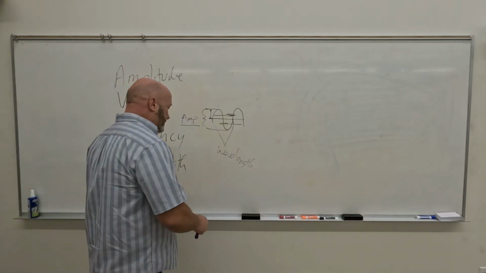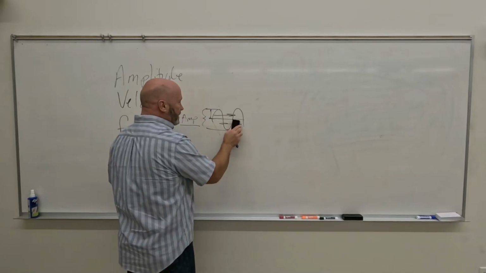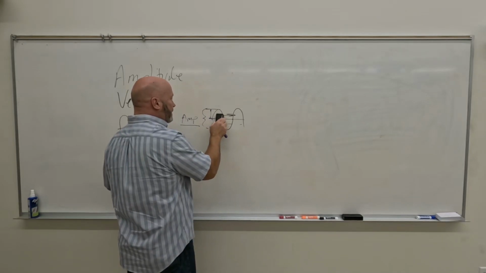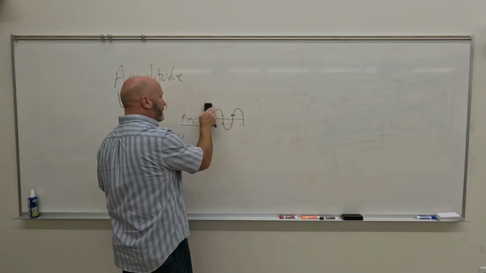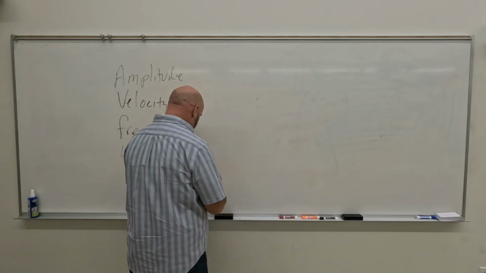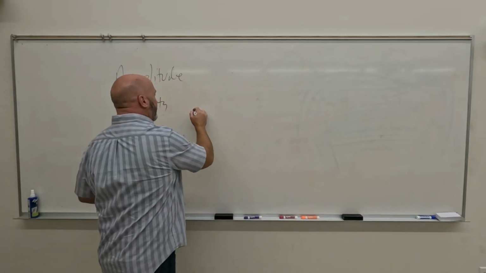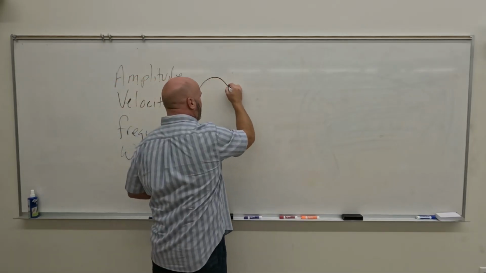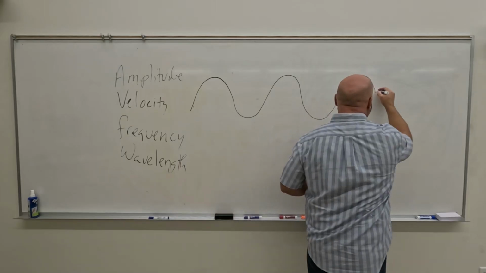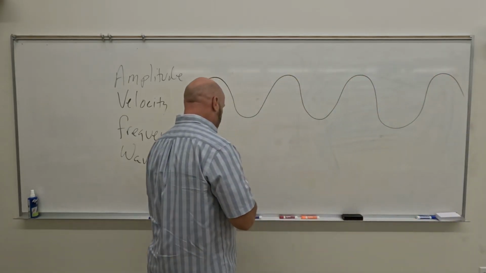So let's draw this out just a little bit more. I'm going to get rid of some of the traffic here so we can just focus on the wave. All right, so I'm going to draw 2 different waves. I'll draw this one and try to keep them pretty consistent in amplitude and length. And then we're going to draw a second one.